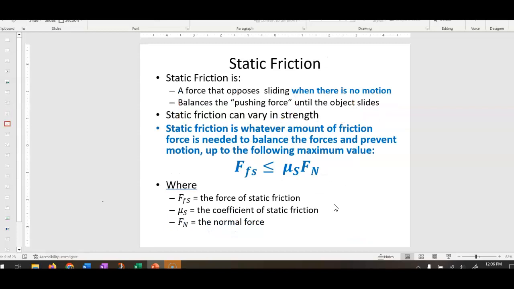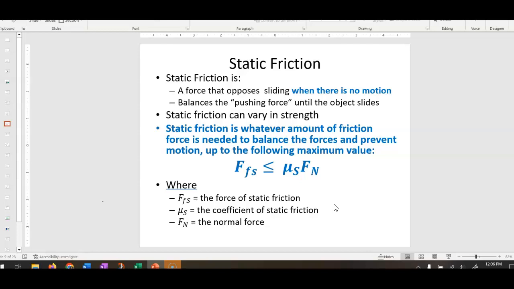So static friction is a force that opposes sliding when there is not yet any motion. And it balances that pushing force, whatever it is, until the object begins to slide. Static friction can vary. It's not always the same amount of force. It's as much force as it needs to be to balance the pushing force.